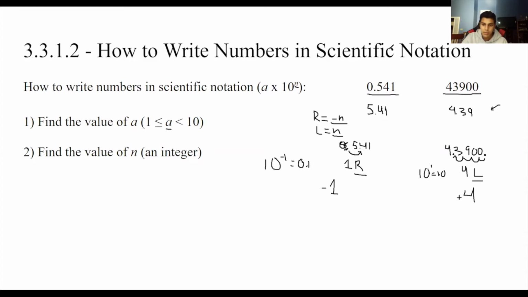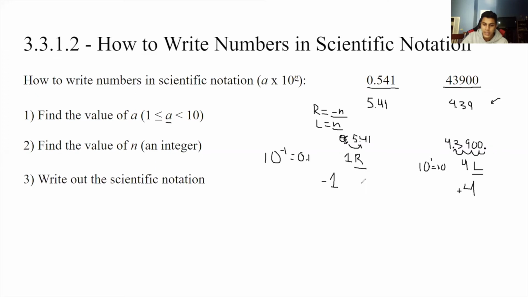So in these examples, when I finally finish my scientific notation, which is the last step, and combine the numbers you already created, then this example is 5.41 times 10 to the negative 1. And this example is 4.39 times 10 to the power of 4.